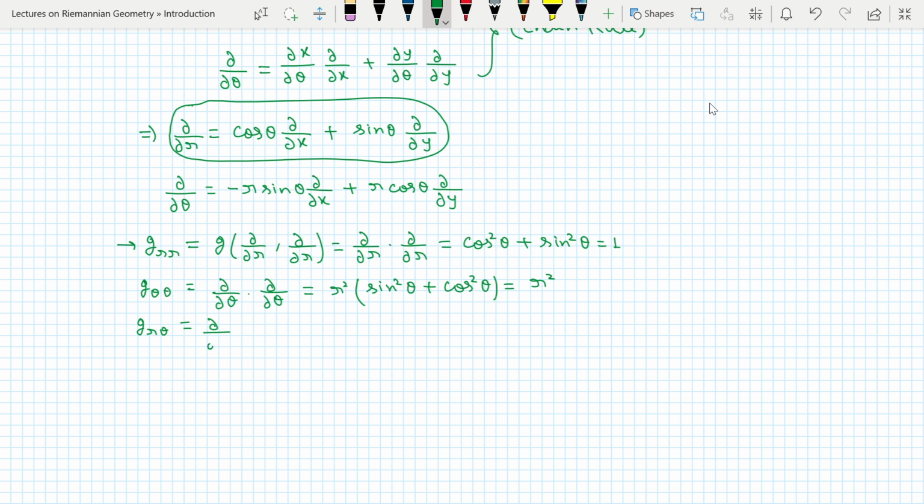What is g_rθ? Well, in the case of g_rθ, you take the dot product of ∂/∂r and ∂/∂θ. I hope you all know how to do the dot product. You can take r as common, and then you will have cos θ times minus sin θ, so minus cos θ sin θ, plus sin θ cos θ.